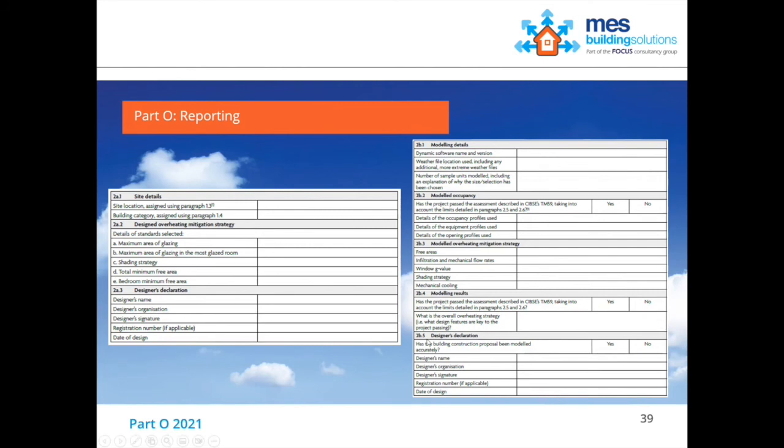But it's still got the same approach. Whoever's done the modelling would say whether it has been modelled accurately, yes or no. I don't know why on earth you'd ever select no, but maybe. Essentially, you're then expecting whoever is checking that against the criteria to effectively put their name against compliance.